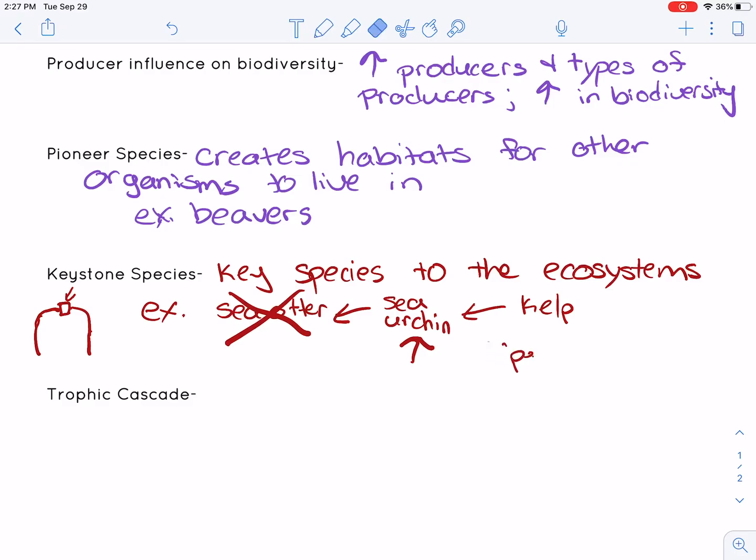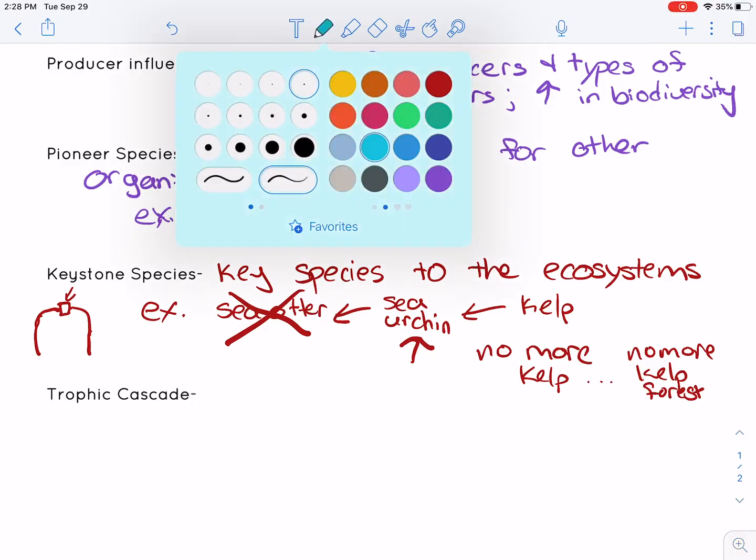No more kelp. Which also leads to no more kelp forest, which means all those organisms that lived in the kelp forest have to find somewhere else to live because the sea urchins have eaten all the kelp. And so by eliminating the sea otter, you've eliminated an entire ecosystem in many cases.